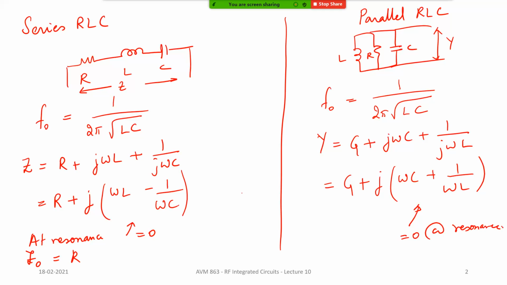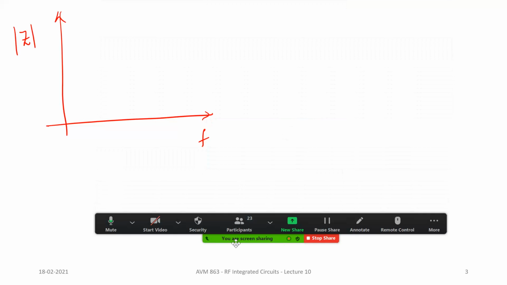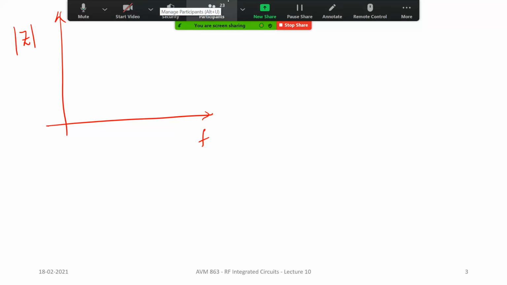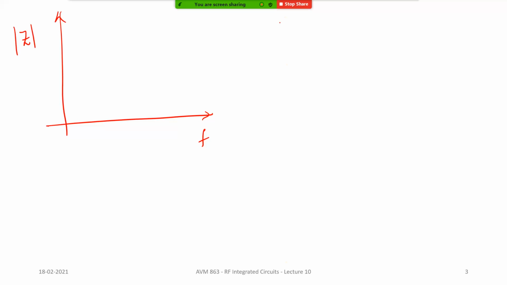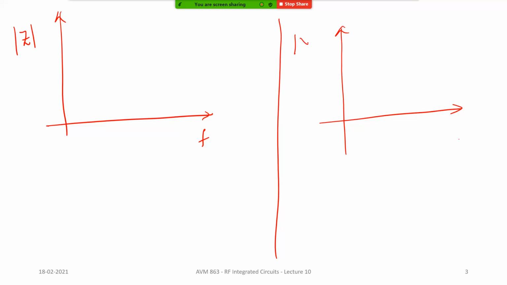Now if you plot the magnitude of Z versus frequency for the series RLC, how will this curve look like?